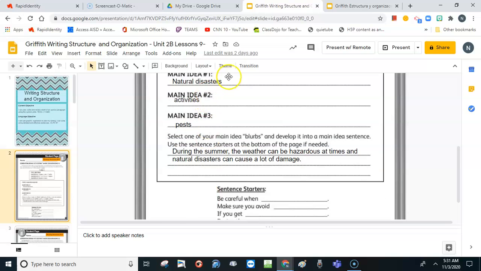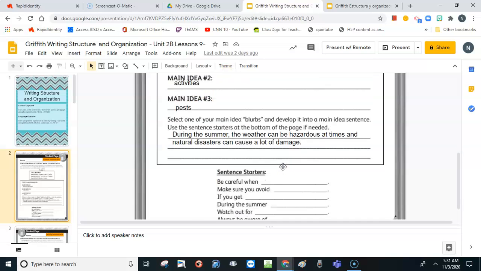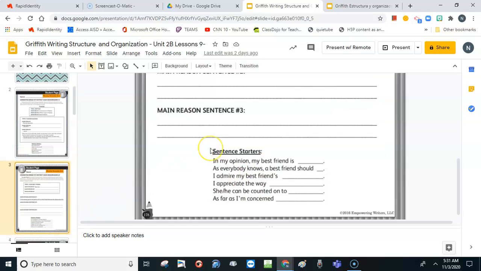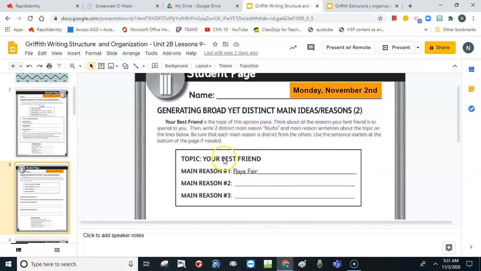Then you used one of these blurbs to write a complete sentence about your main idea using the sentence starters. In slide number 3, you had to write about the topic of your best friend and why your best friend is special to you. You came up with 3 blurbs, or 2 more. We had the first one already done, place fair.